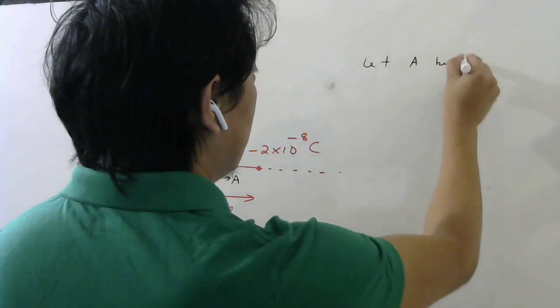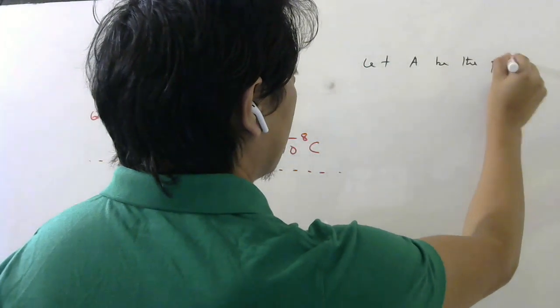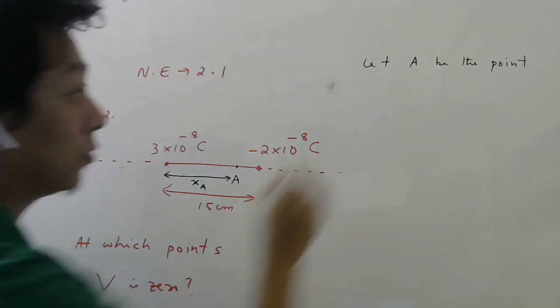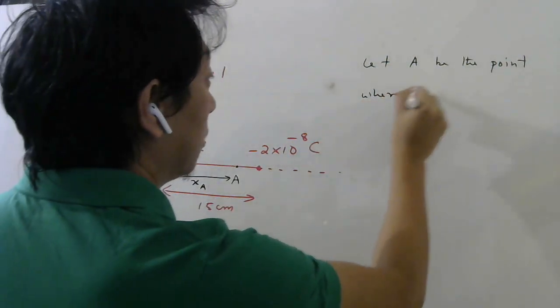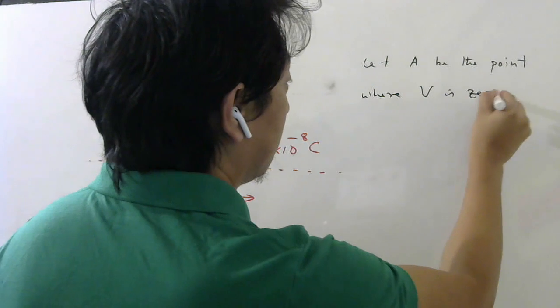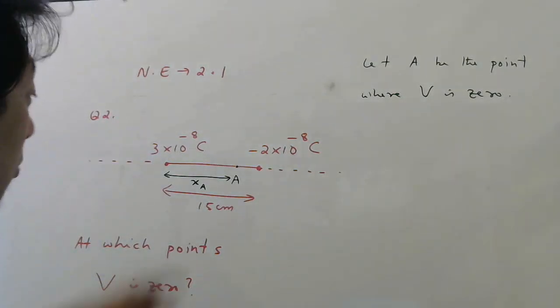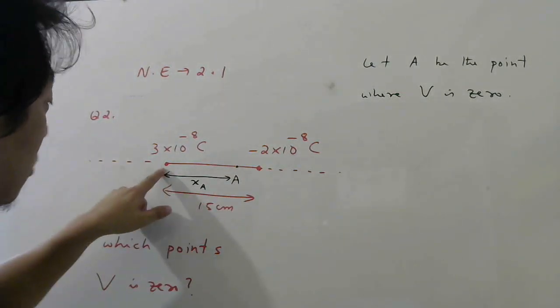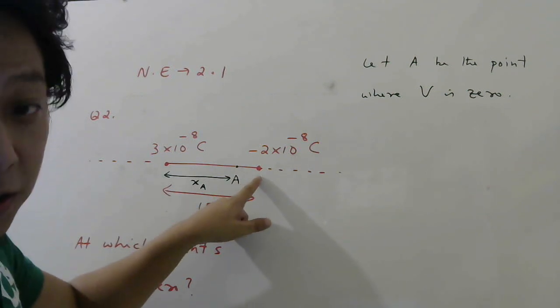Let A be the point where potential is zero. Now who will produce potential at this point? This is one source charge, this is another source charge.